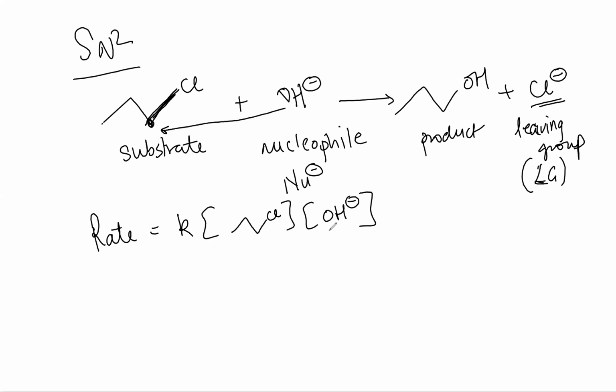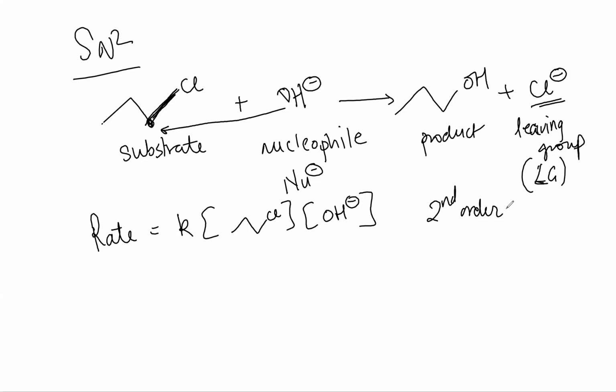So this is the rate equation for this reaction, which means that it's a second order reaction. It is first order with respect to the substrate, and it is also first order with respect to the nucleophile. So one of the things that I mentioned to you about doing the order of reaction was to figure out the mechanism of the reaction.